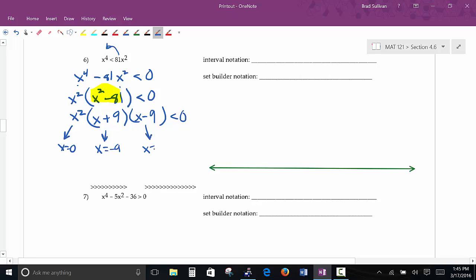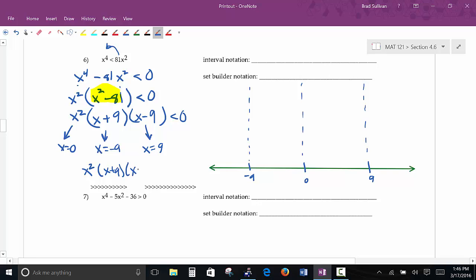This is going to be x equals positive 9, like that. Okay? So you need to just break up your sign chart into 0, negative 9, and 9. Don't worry about asymptotes. We're talking about a polynomial function. There are no asymptotes on this. Okay? So we're just going to put dashed lines like that, and like that. Okay? And what we're going to do is we're going to do a sign chart.